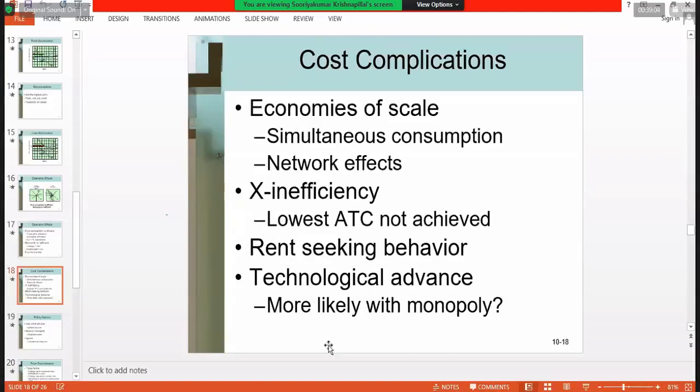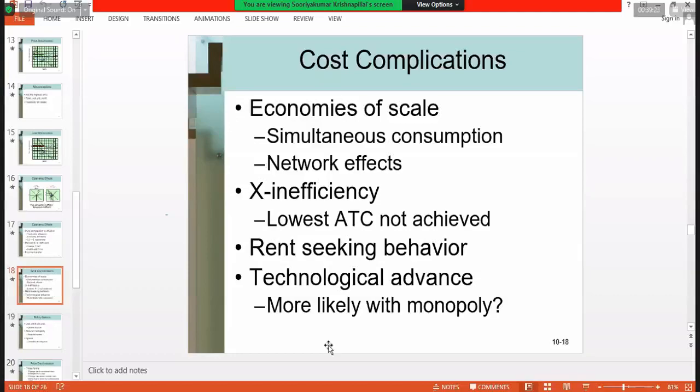One product, many people consume. Other products, only one product consumed by only one consumer. Here, one product is consumed by many people at the same time, simultaneous consumption.